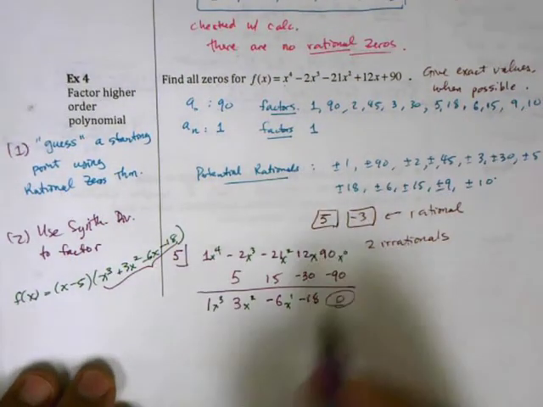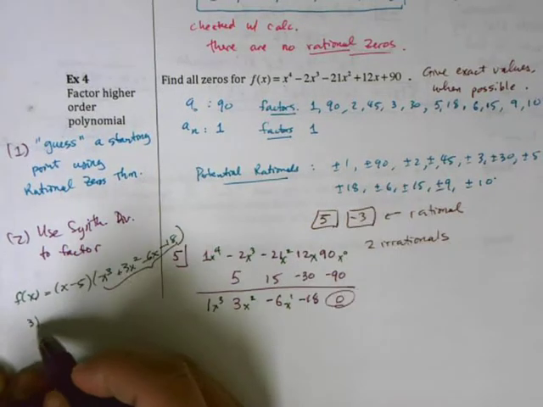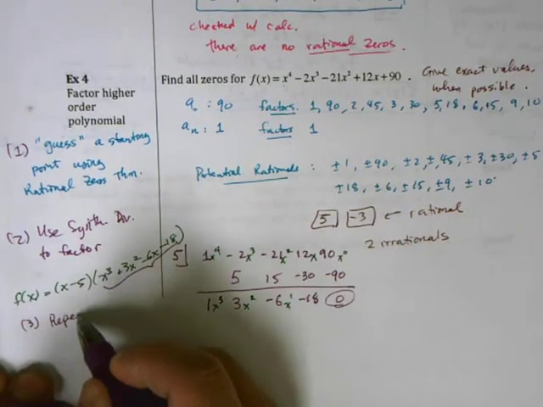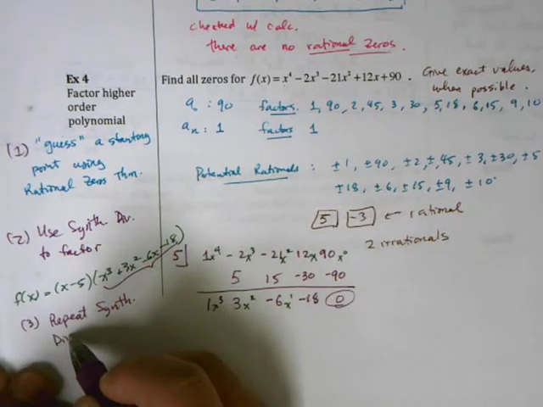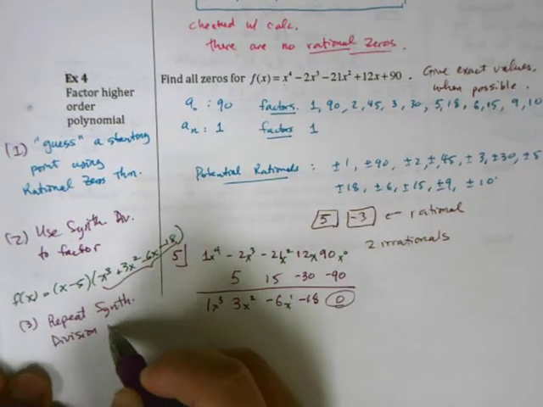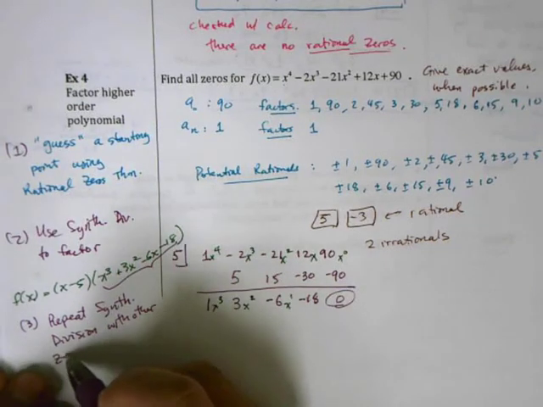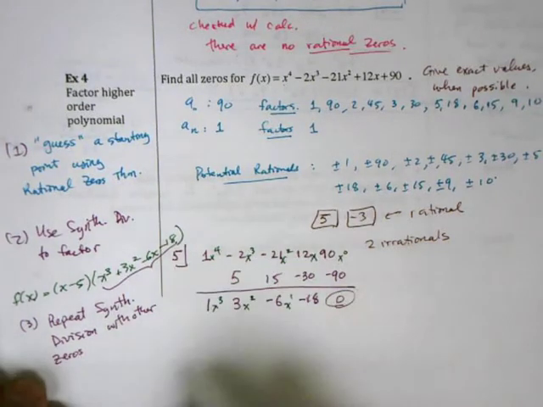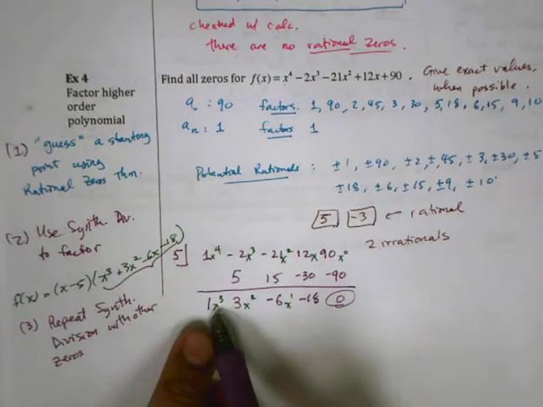And so I have another factor here that's rational, so I'm going to use synthetic division again. So I'm going to repeat synthetic division with other zeros. And I can actually continue this right here.